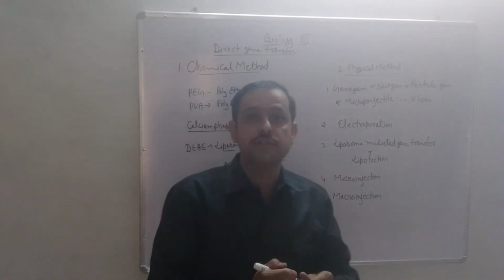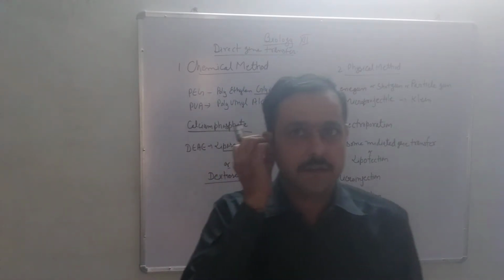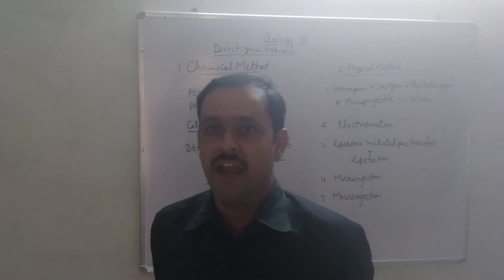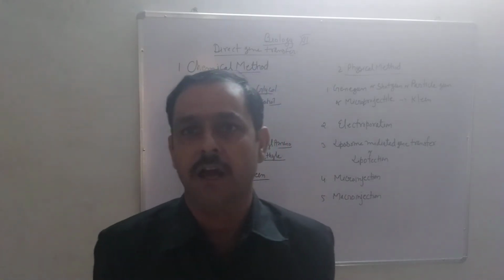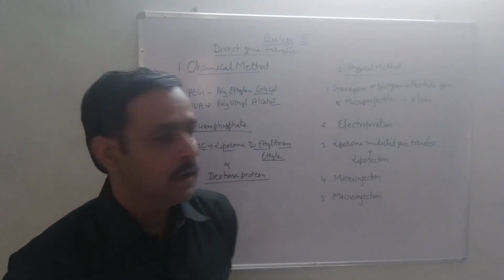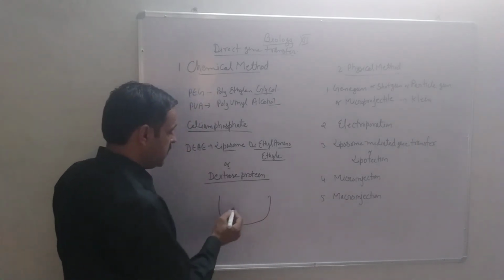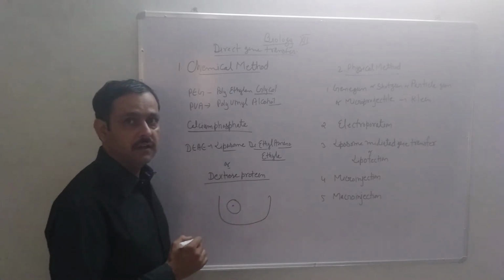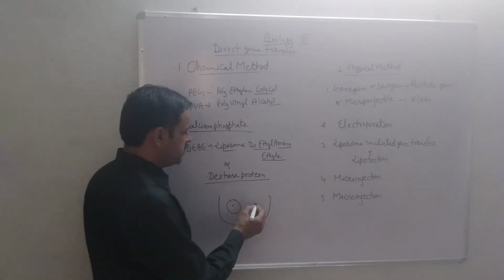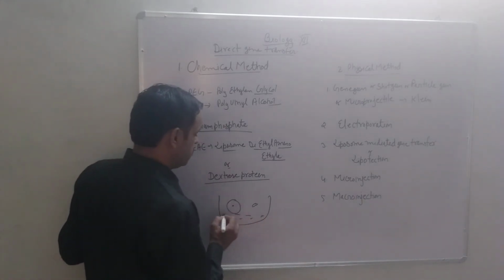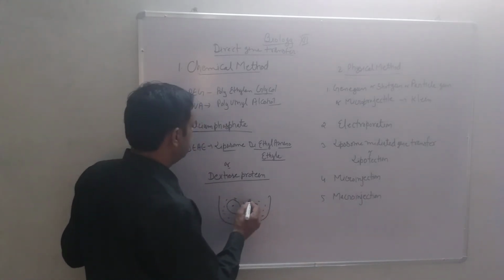In the presence of these chemicals, cell and desired gene are put in a pot. Means, for example, here is the cell in which we want to inject the desired gene, and this is the desired gene, and this is the chemical.